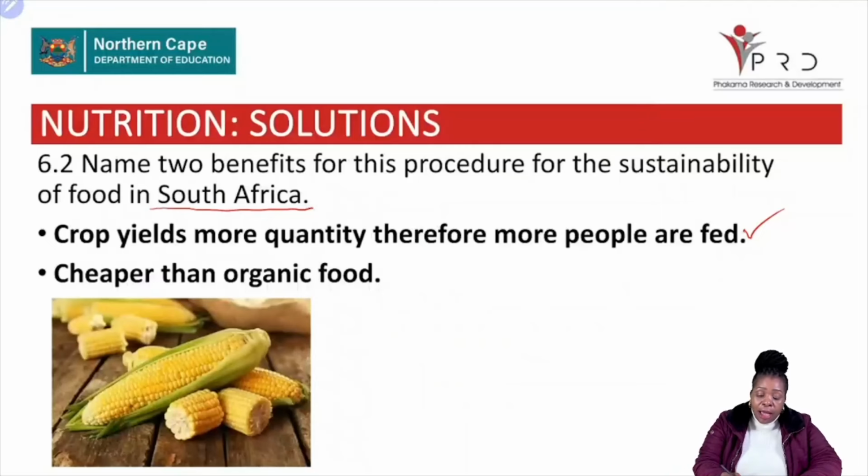And they are cheaper than organic foods. So it means most people could actually afford that particular food. You'll find that if you have compared prices, organic foods are much more expensive than the GMO foods, right?